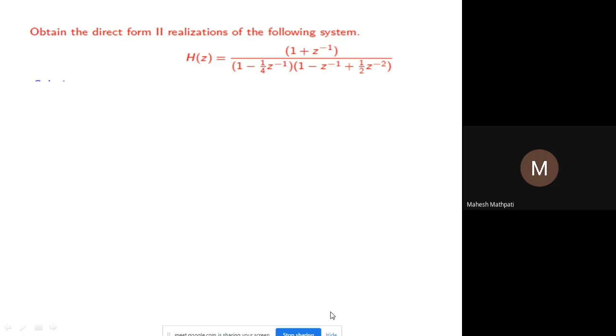Can anyone tell me how to proceed with this? You have to solve it like this. First you will have to write the difference equation. Then you have to go for direct form 1 and direct form 2.